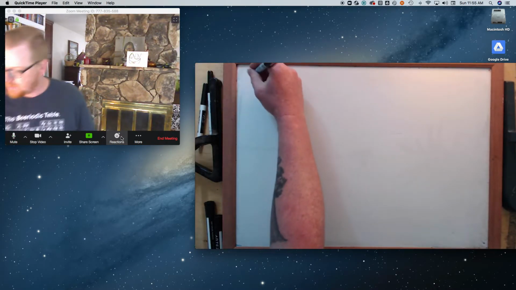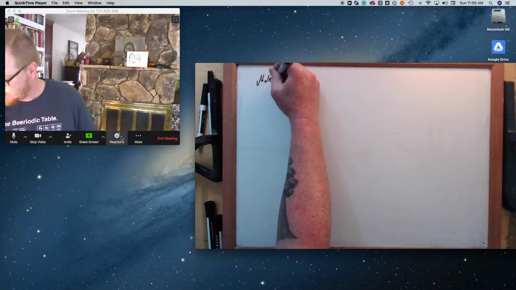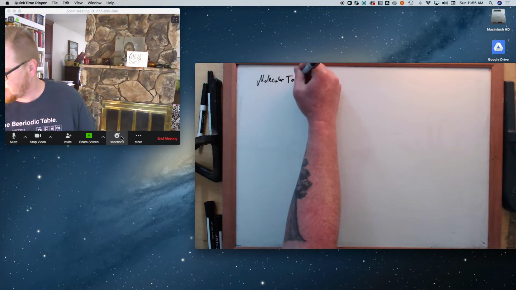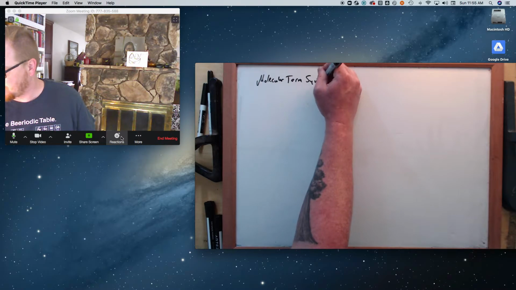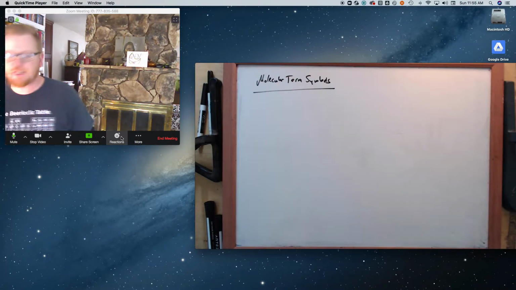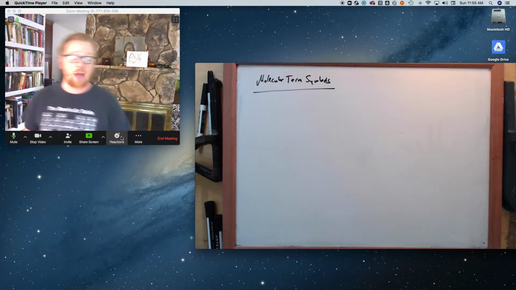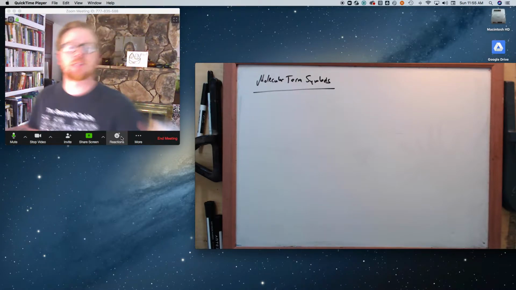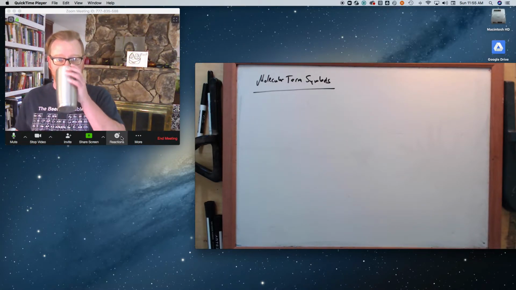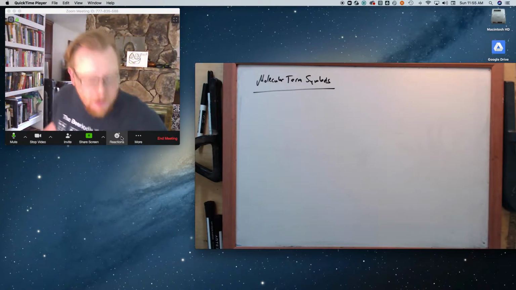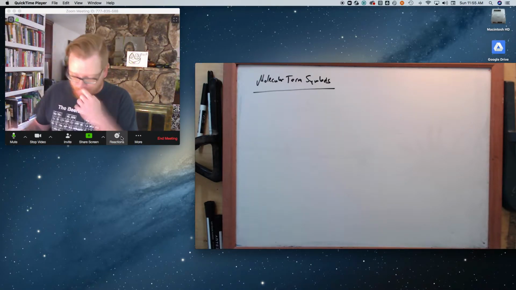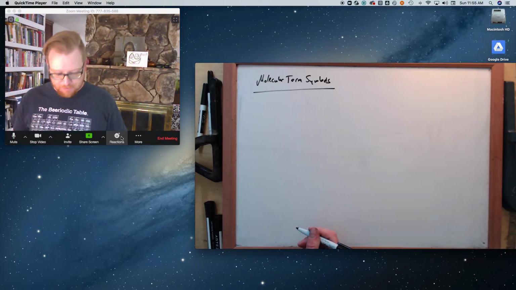Okay, so molecular term symbols. And I'm going to go through these here on the board, and just like I did with atomic term symbols, I have another supplemental document that I'll review that provides more supplemental information.